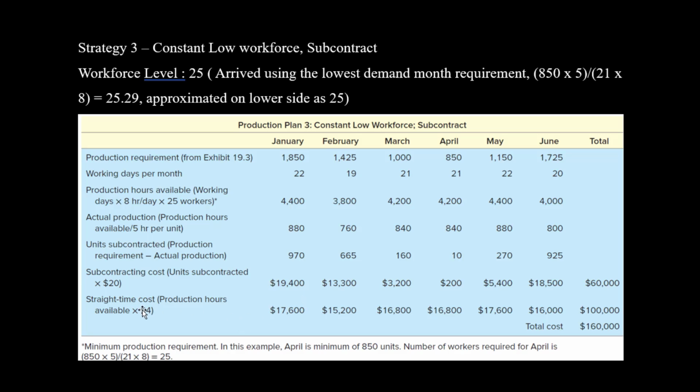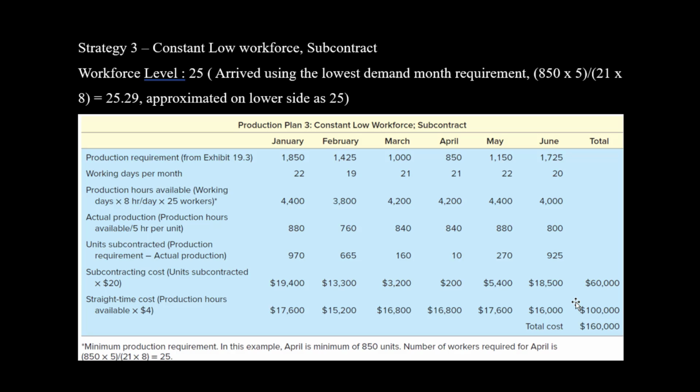In this way you use the production requirements from the first table in the first video, and based on this we find the units to be subcontracted. Our total cost for subcontracting comes to 60,000, straight time cost is 100,000, and 160,000 is the total overall cost.